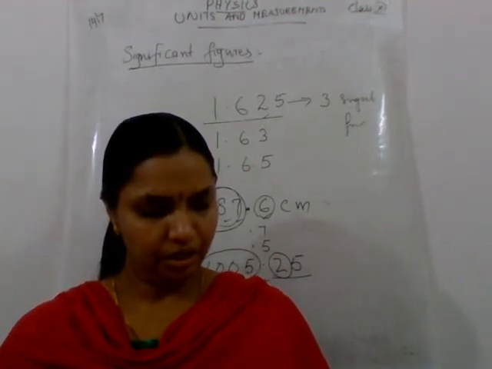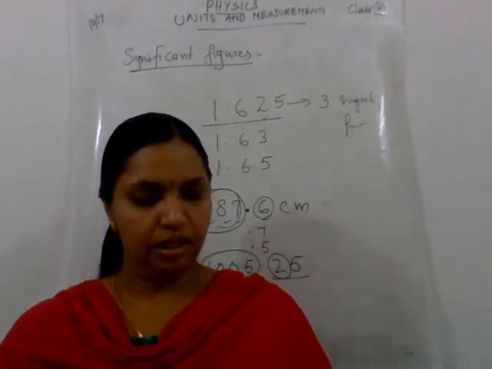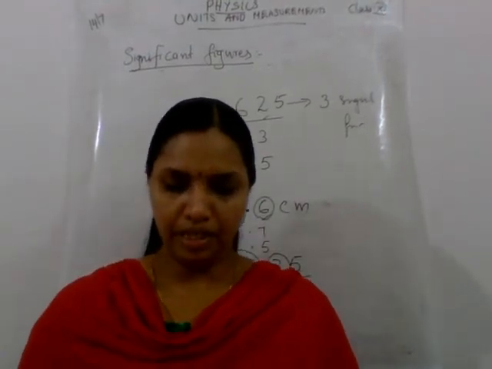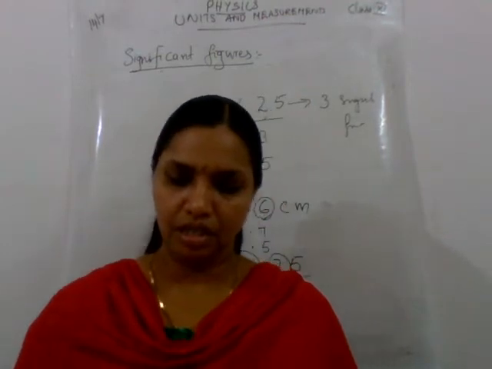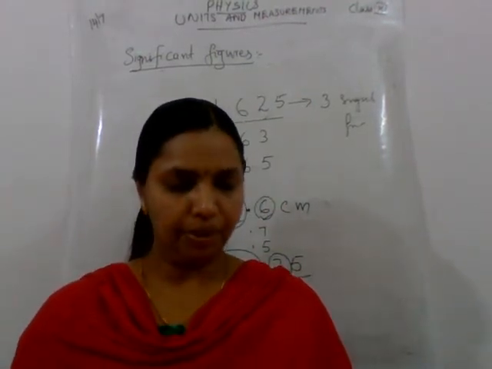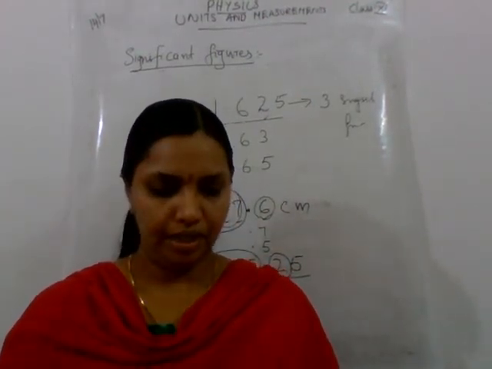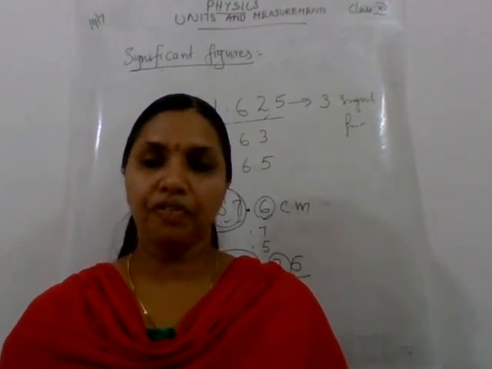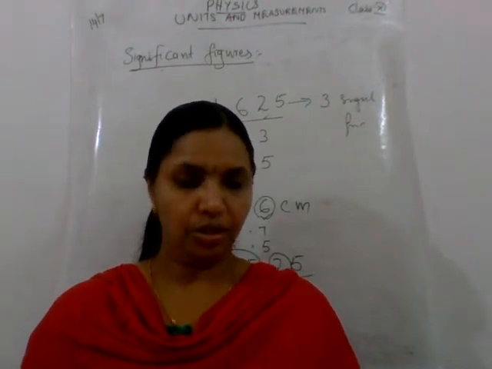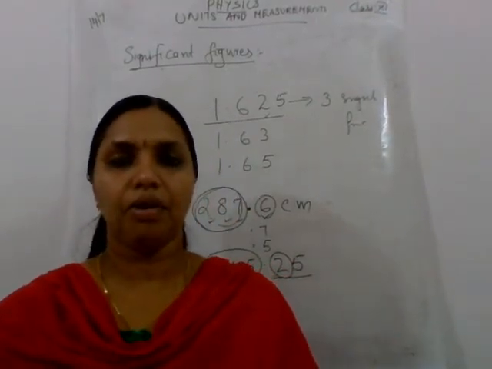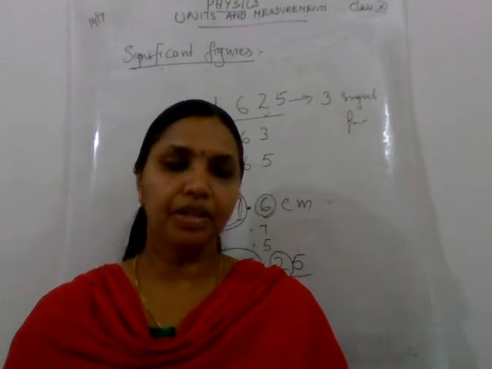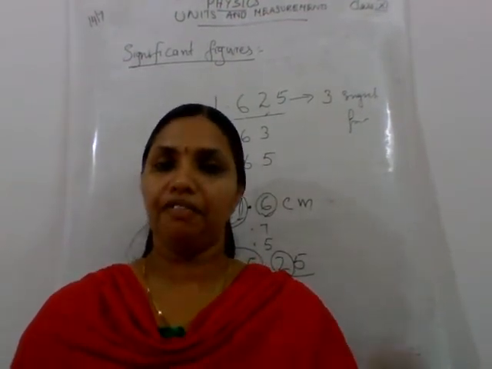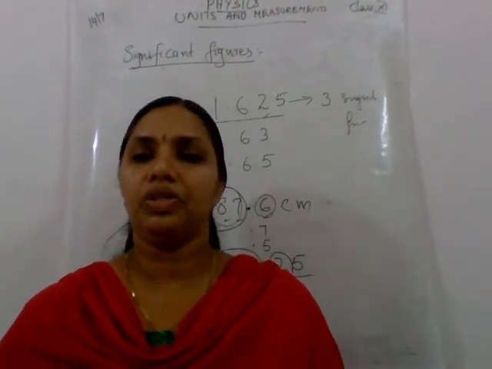And the last one, the number of significant figures does not depend on the system of unit. There are 7 rules to identify how many significant figures are there in a measured quantity.